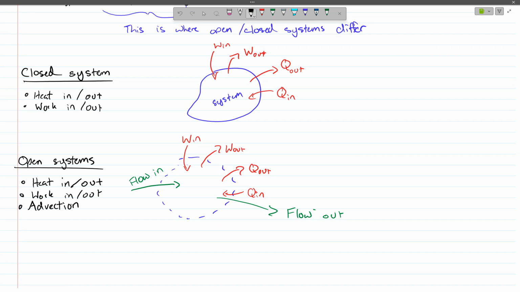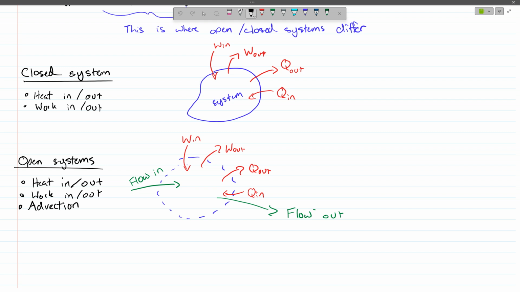And the reason this comes into play is that just like we saw in fluids, matter that is entering our control volume, our open system, can have its own stored energy.